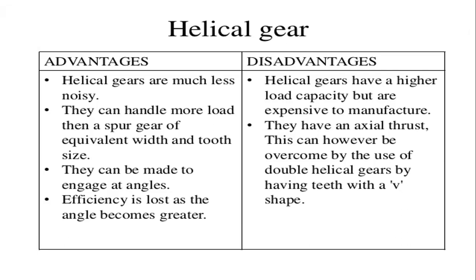Coming to the disadvantages, they have a higher load capacity but are expensive to manufacture because of their design. These helical gears are very expensive to design and manufacture, and costlier. That is the expensive nature.